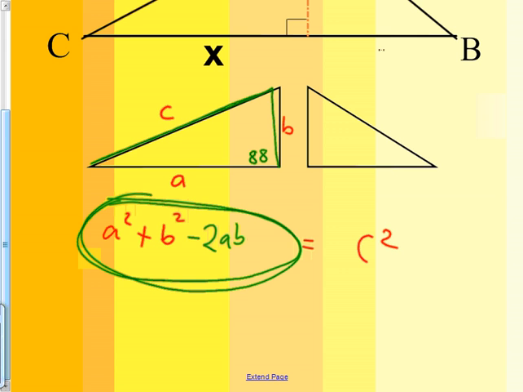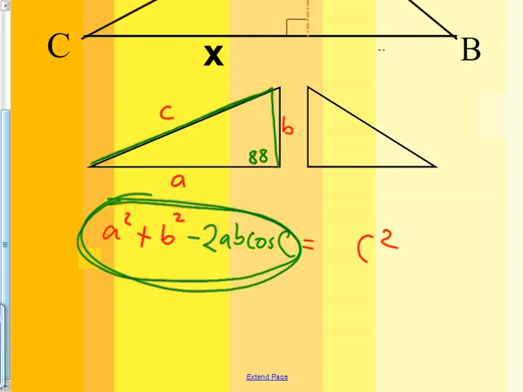Cosine, because it's the law of cosines. Cosine C. That green part is the new thing you have to memorize, because you already knew a squared plus b squared equals c squared. But now it's a squared plus b squared minus 2ab cosine c will equal c squared.